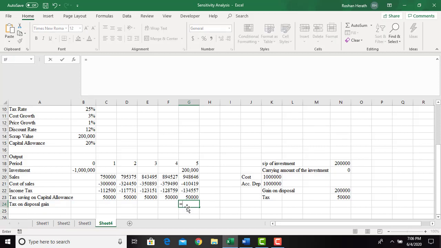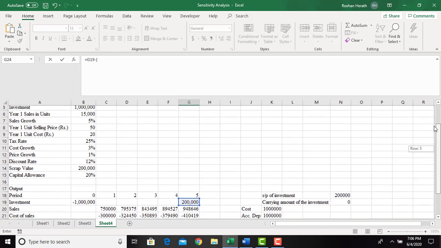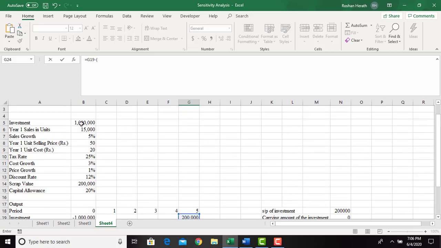Tax on disposal, first you may get the disposal proceeds, 2 million minus the carrying amount, you need to get that. So how would you take it? You have to take your initial investment multiplied by the tax rate, capital allowance, and multiplied by the number of years.